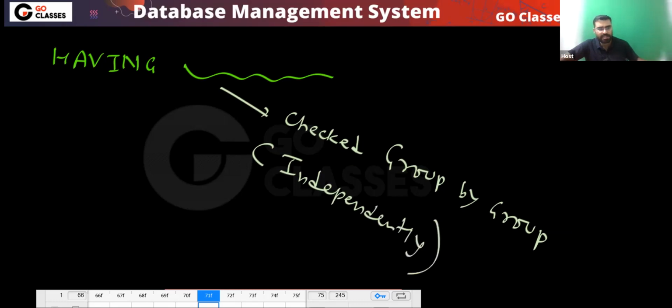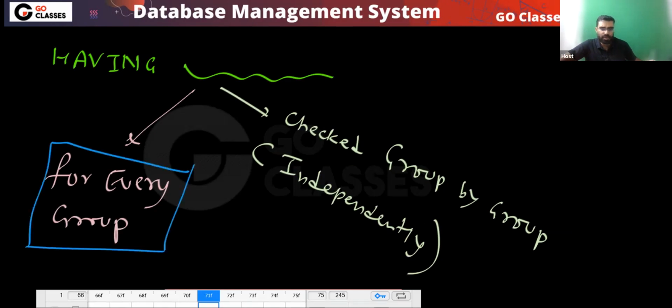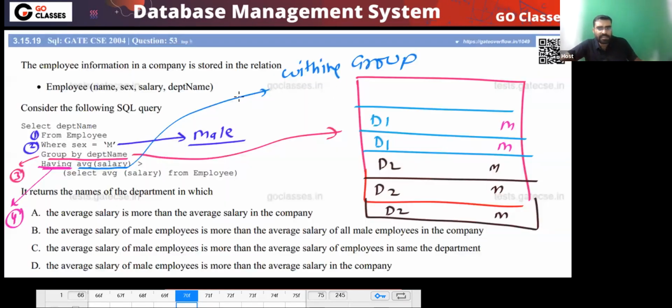So when you check this for every group, it is about within the group, what is the average salary. Within a group, what is the average salary?